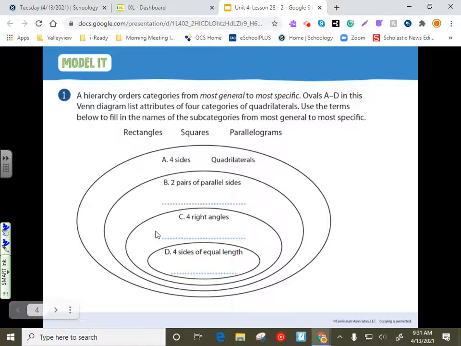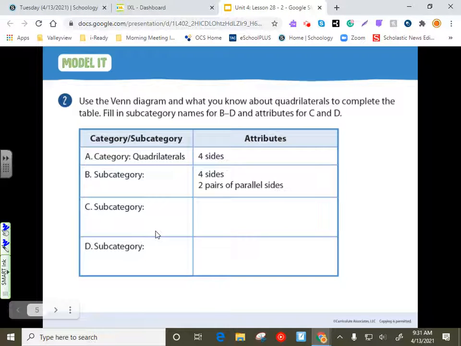And we can use that Venn diagram we just filled in to do this part here. So category: quadrilaterals, they're four sides. A subcategory, or a second part of our Venn diagram, are parallelograms. And there are four sides and two pairs of parallel sides. The next subcategory would be rectangles.